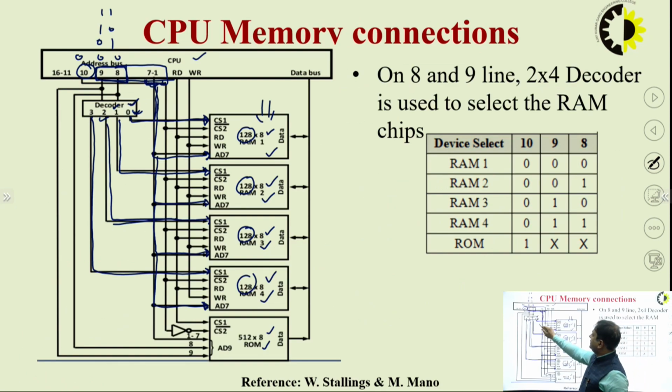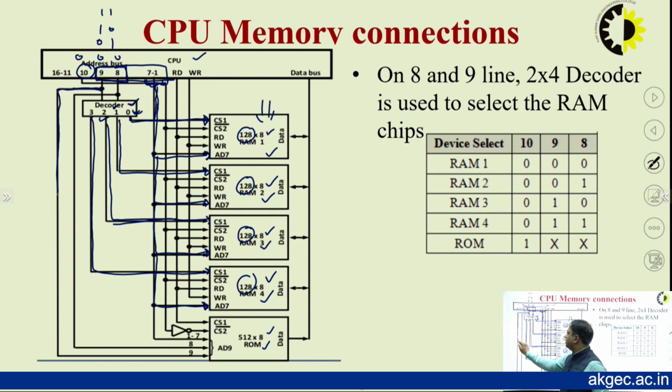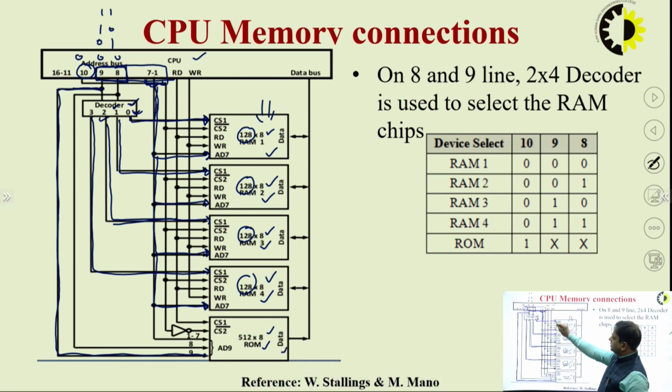So if it is 0, then RAM will be selected, and if it is 1, then ROM will be selected, right? So in this way we can put all the RAM and ROM interconnected.